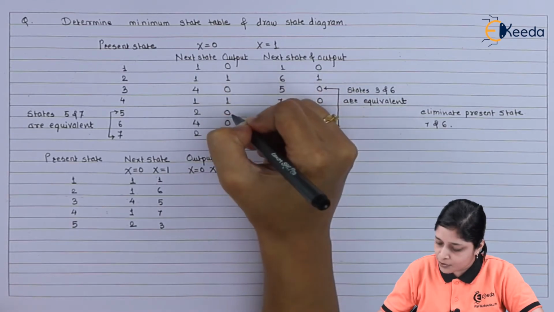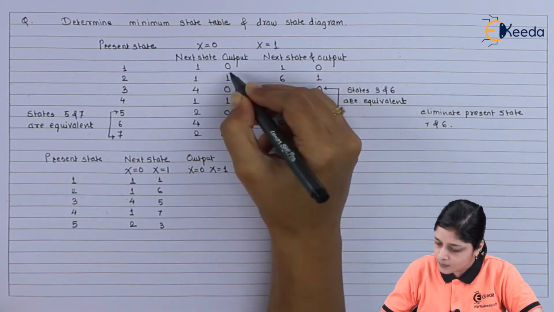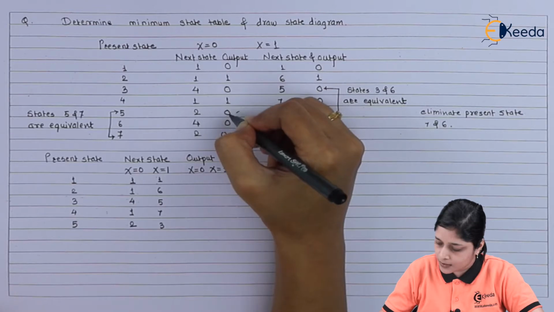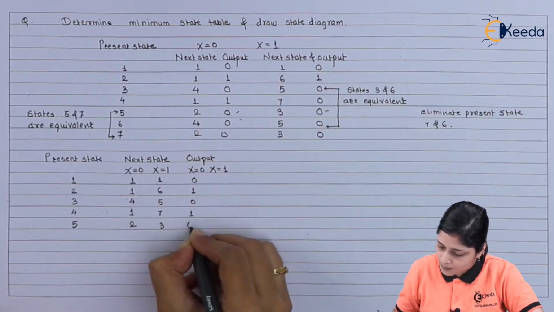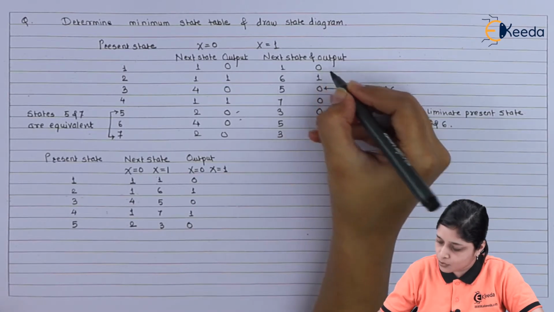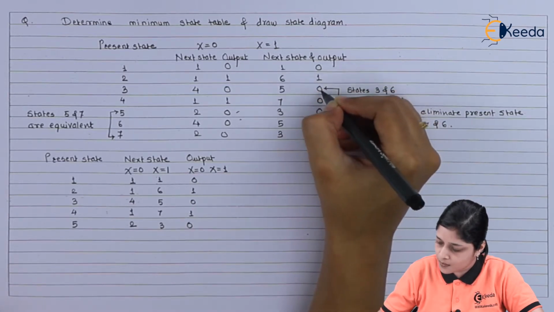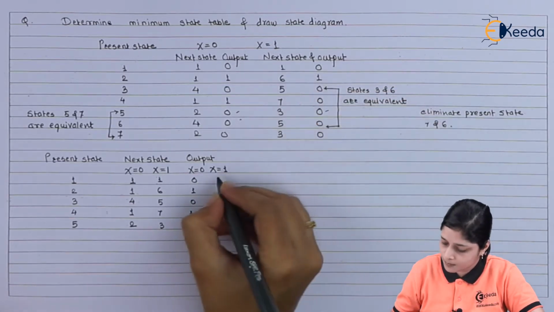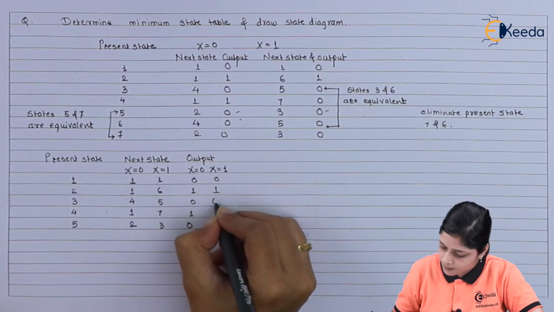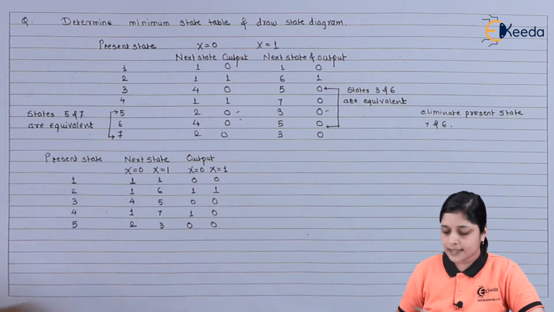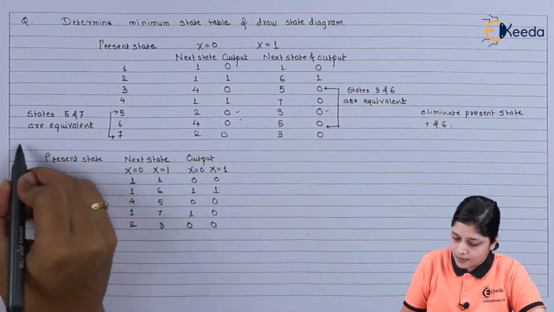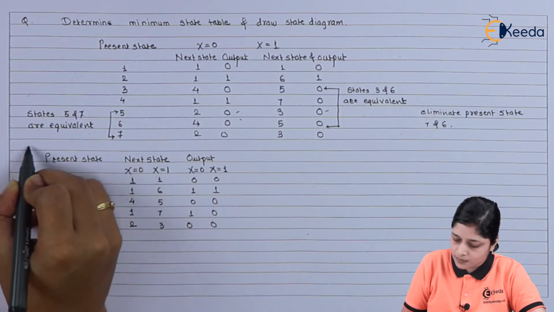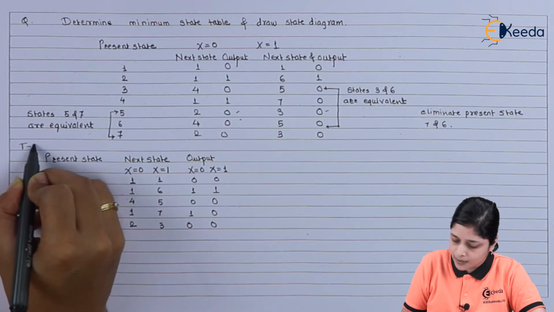The output for x equals 0 is 0, 1, 0, 1, 0. And for x equals 1 we have 0, 1, 0, 0, 0. In this way we have modified the table. This is your table 2.